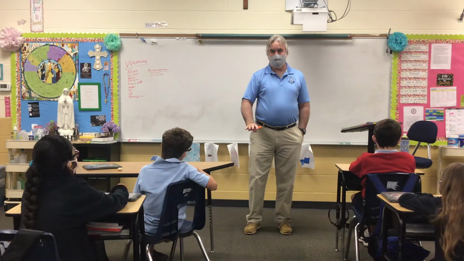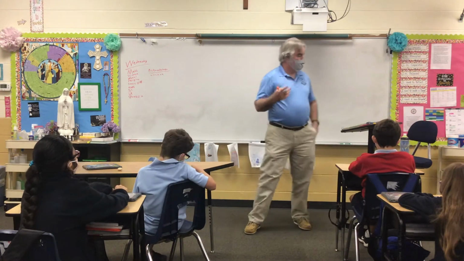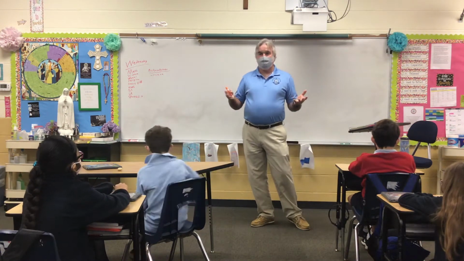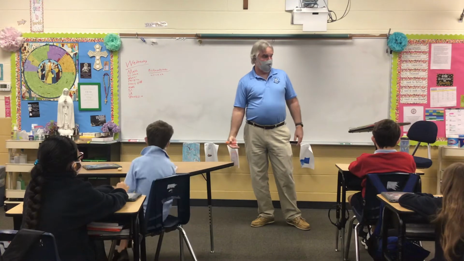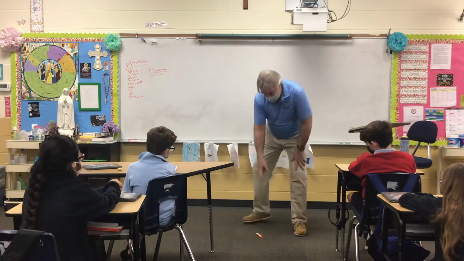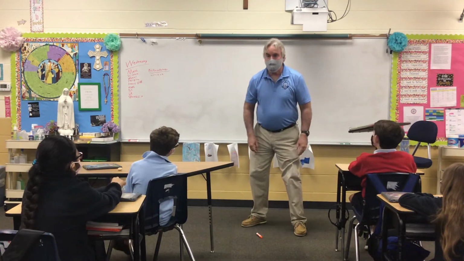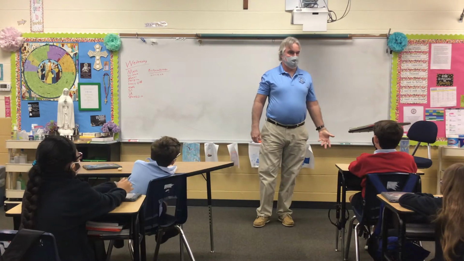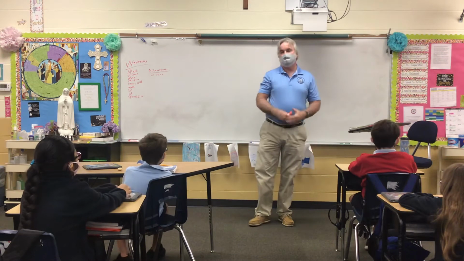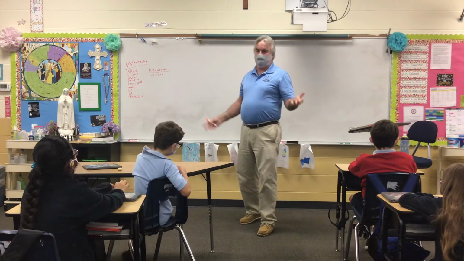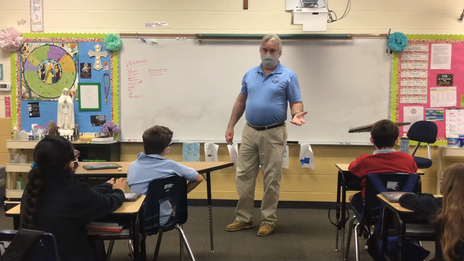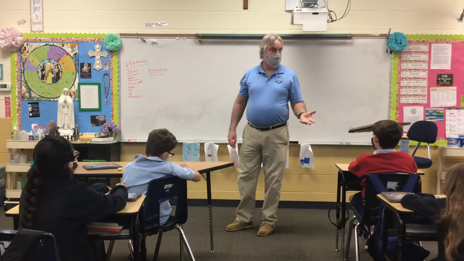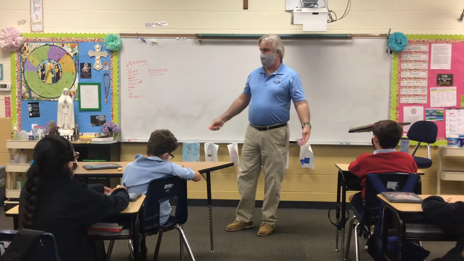The one that we just did with the divisibility rules, that was pretty easy, wasn't it? To find out the divisibility rules for 2 and 5, all you had to do was look at the last digit.